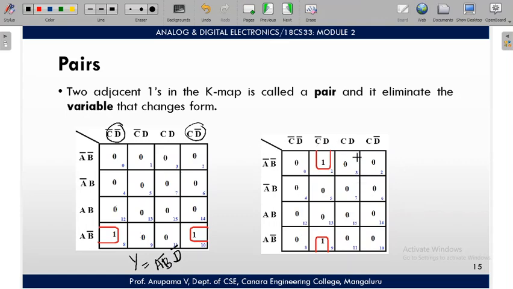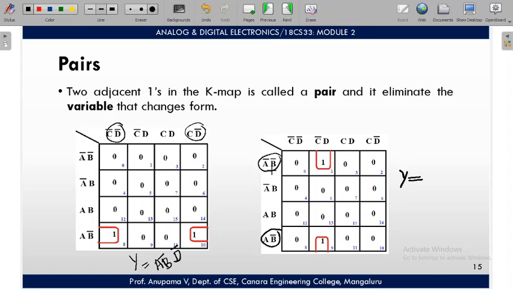The simplified answer is Y is equal to, go to the respective row. Since the pair is formed vertically, I can find two terms in the row, that is A bar B bar and A B bar.